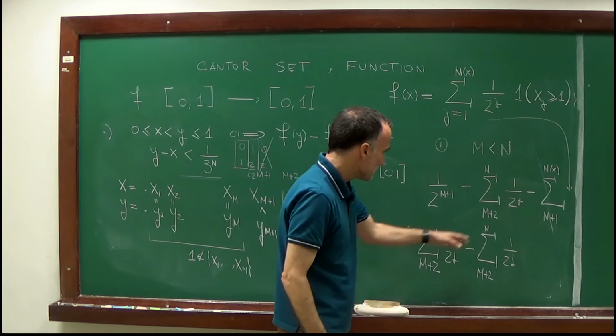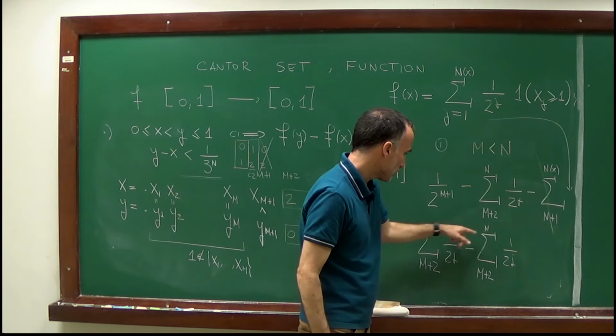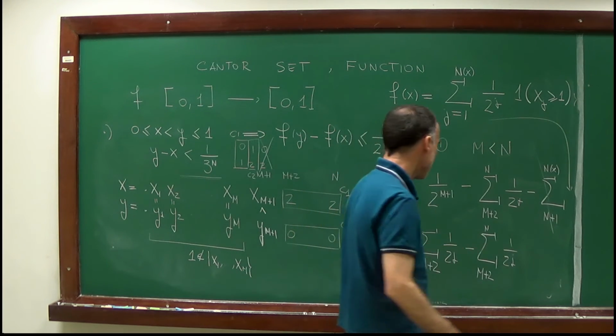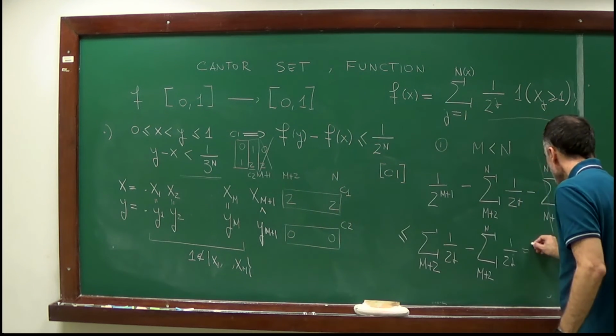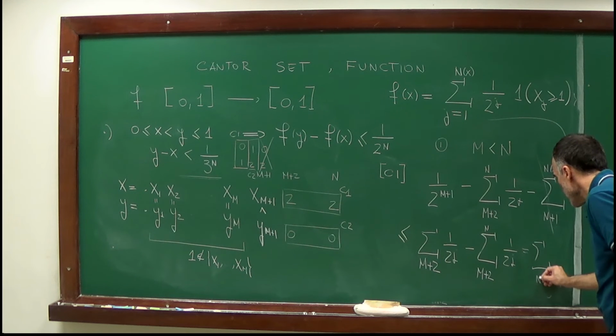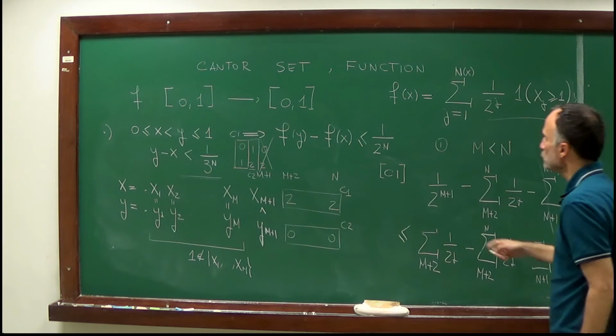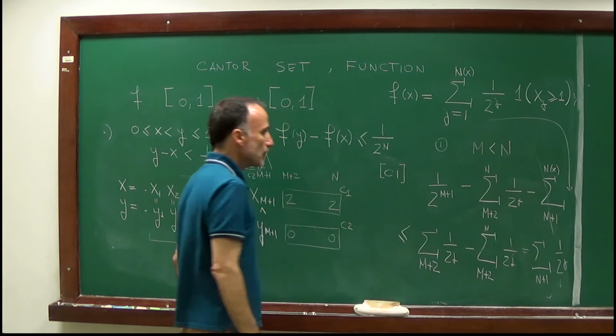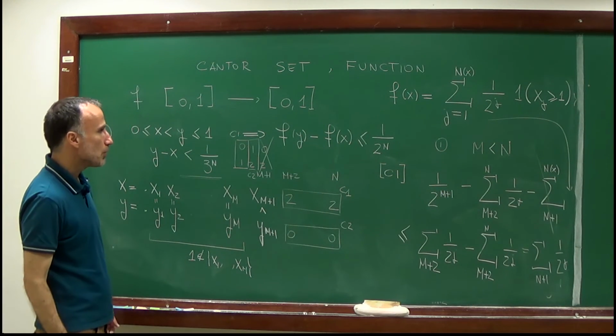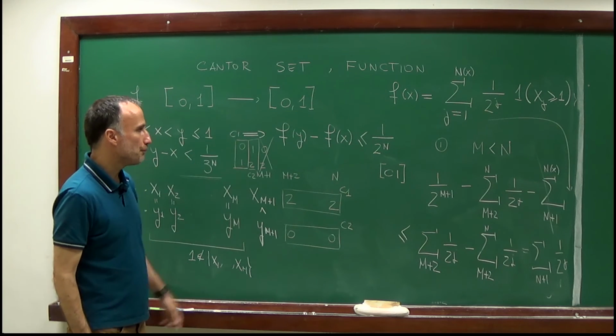So you see that the contribution up to n will cancel, and this will give me a sum starting from n plus 1 of 1 over 2j, and this is exactly 1 over 2 to the n. So that proves the inequality in the case C1.